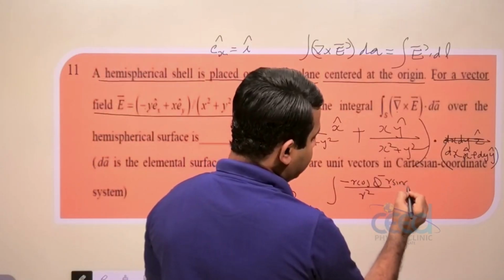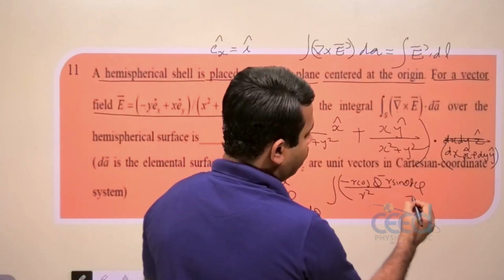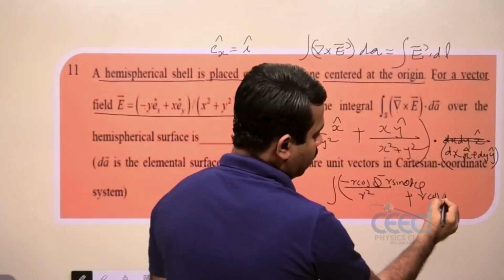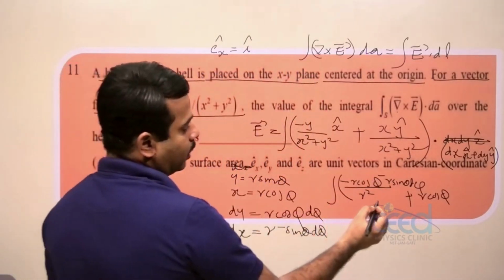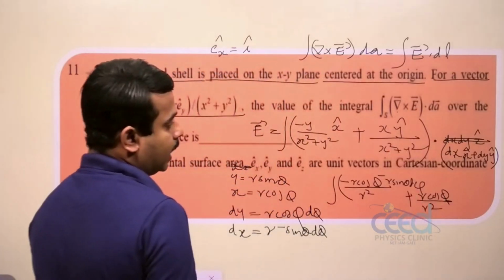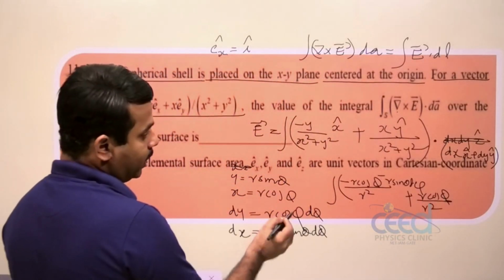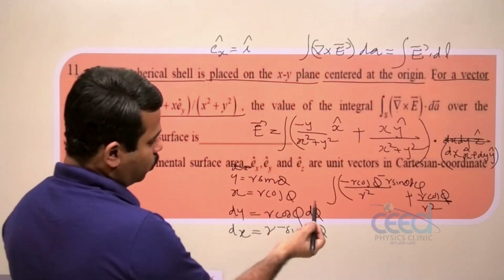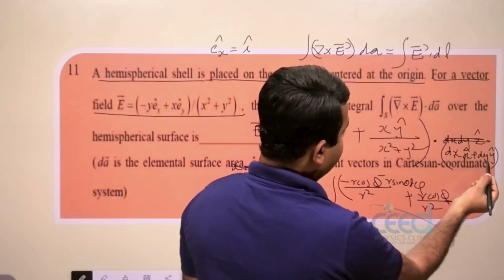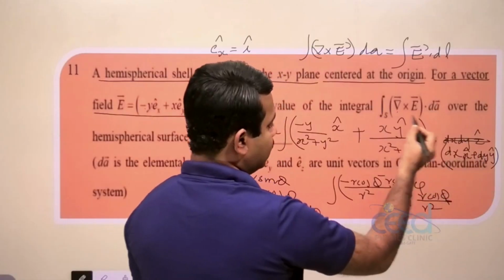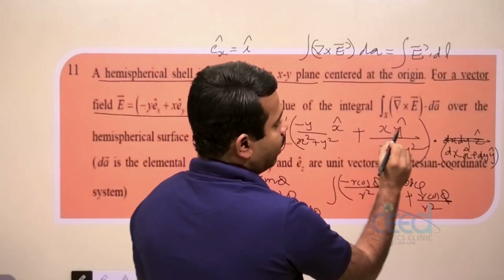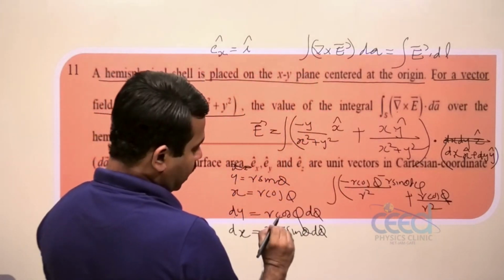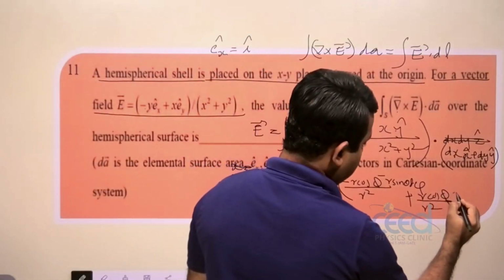Plus, again x is r cos theta over x square plus y square, again r square. Now dy is r cos theta d theta, because here x dy comes with y cap dot y cap equal to 1.